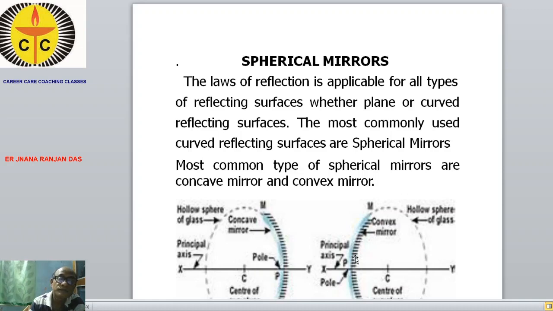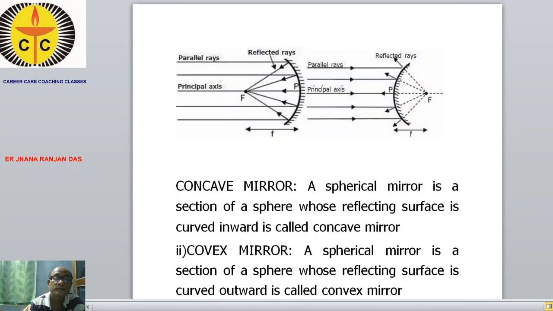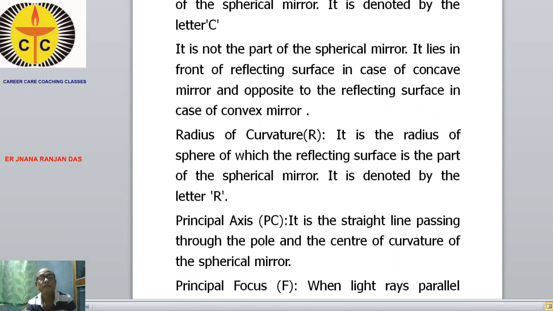Remember, it is the radius of the sphere of which the reflecting surface is a part. It is denoted by R.